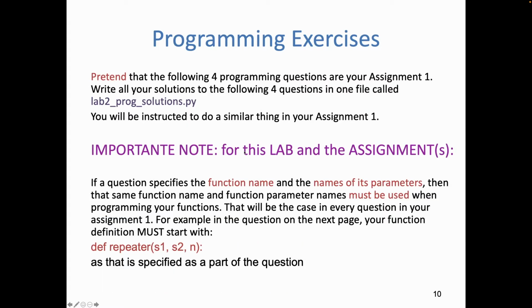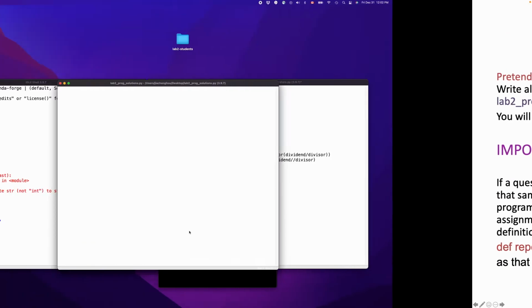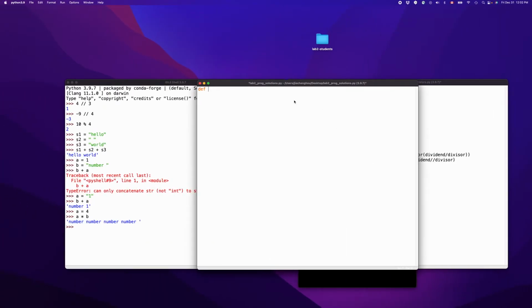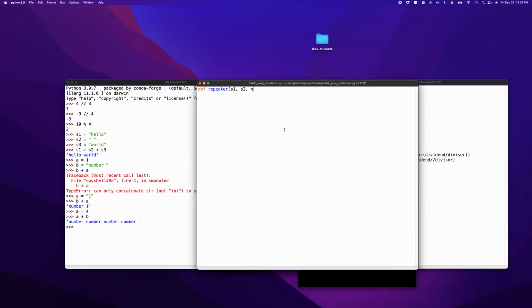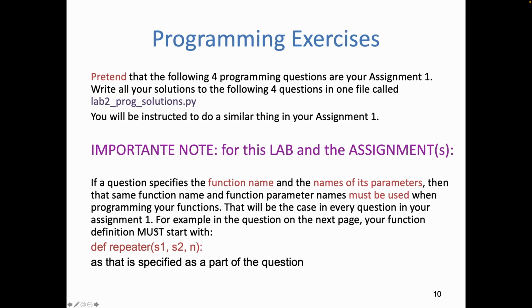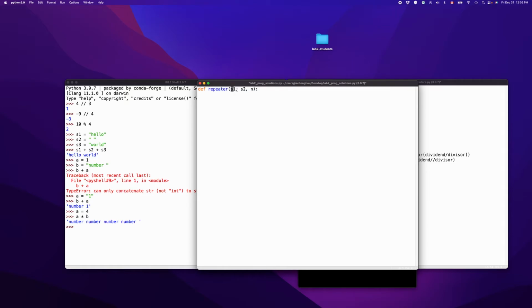So here, your function definition must start with def, the function named repeater, and it accepts 3 arguments, s1, s2, and n, and then you can write the code inside the function. Remember, do not change the function name, repeater, and also do not change the number of arguments.